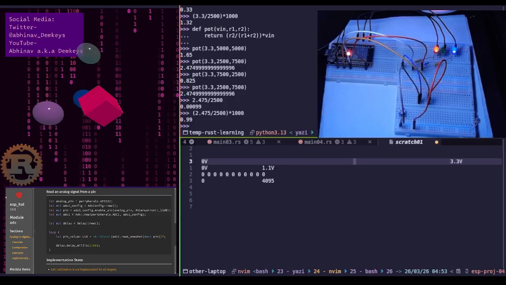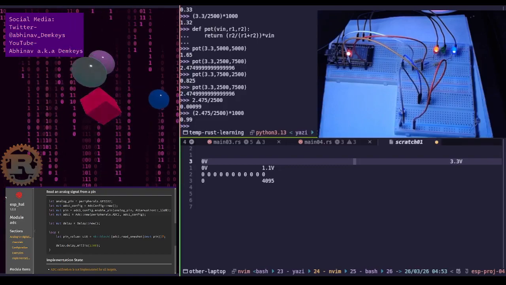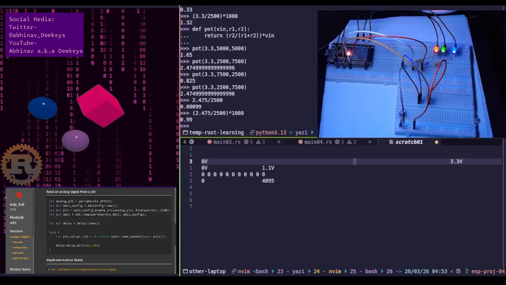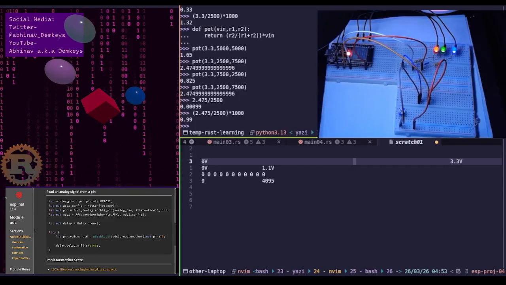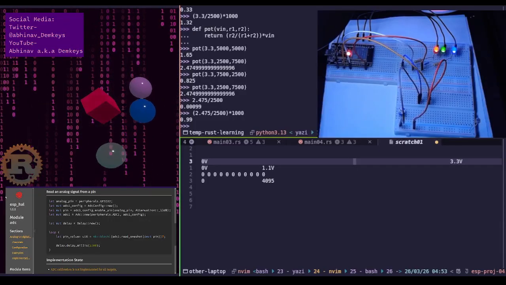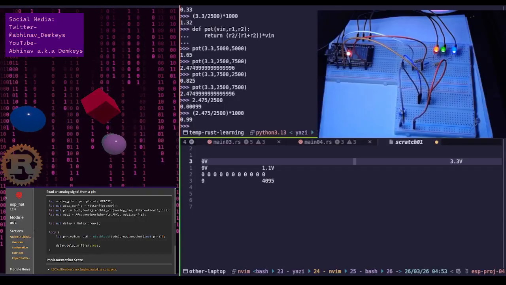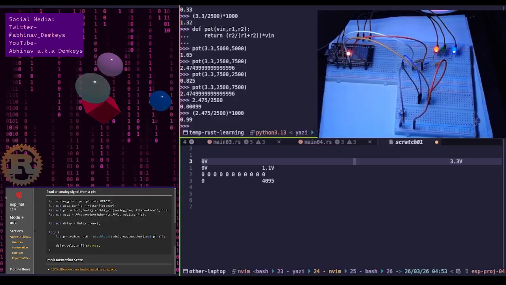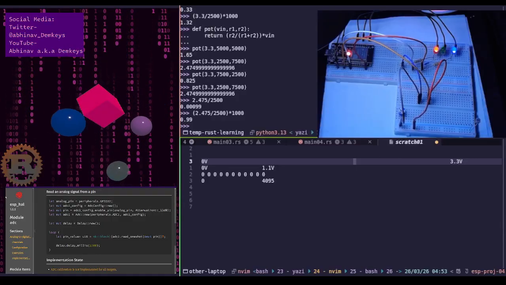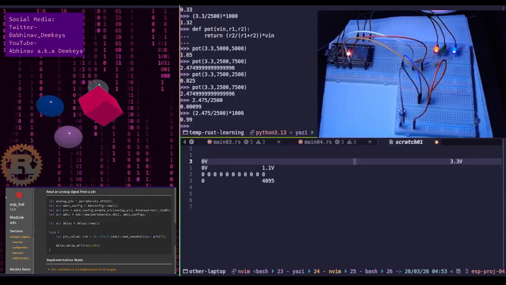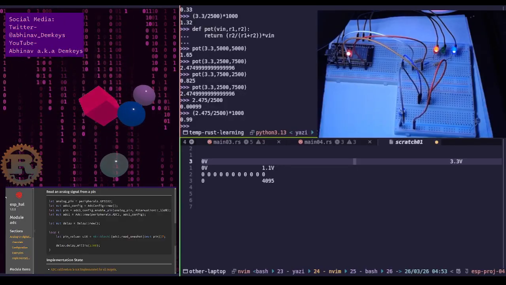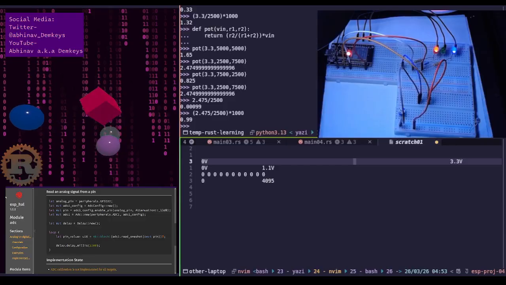If your knob is turned so the wiper is outputting 3.3 volts, the current entering the pin would be 3.3 volts divided by 10 million ohms, which is 0.00000033 amps.